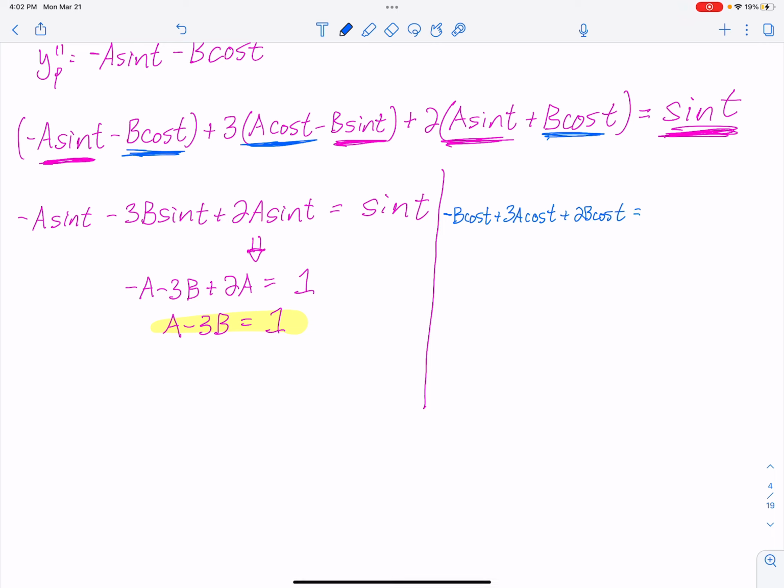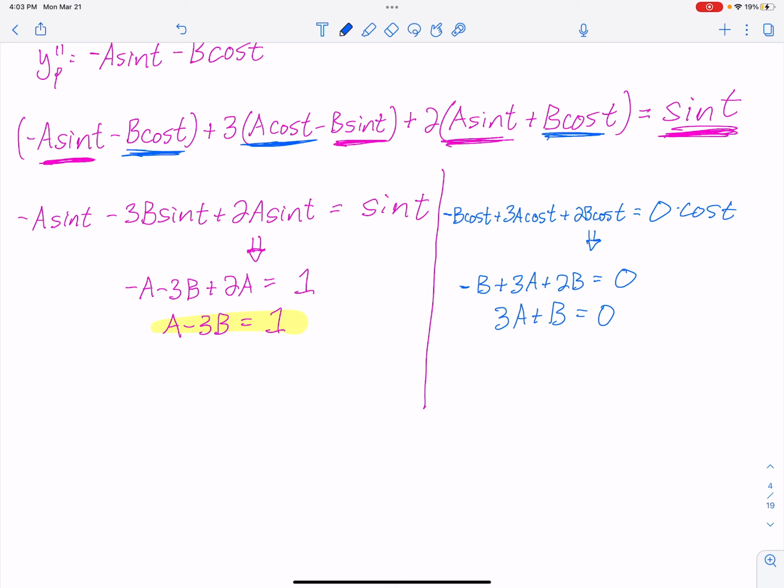And this equals the 0 in front of cosine, because there is not one there. I'll put it there though. That negative b plus 3a plus 2b is equal to 0, which tells me, let's keep it a and b in order, 3a plus b equals 0.